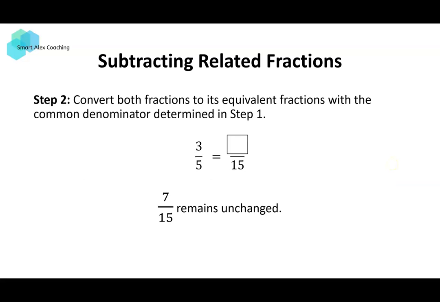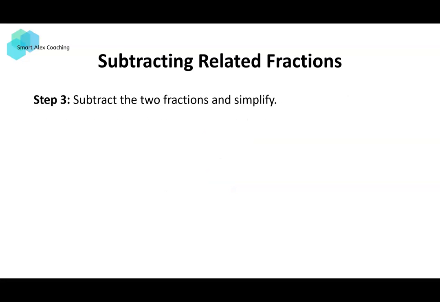We then convert both fractions to their equivalent fractions. 5 times 3 gives me 15. 3 times 3 will give me 9. 3/5 is equal to 9/15. 7/15 remains unchanged. We subtract the two fractions and then simplify. 3/5 take away 7/15 is equal to 9/15 take away 7/15, which reduces to 2/15. However, we can no longer simplify this, hence this is our final answer.